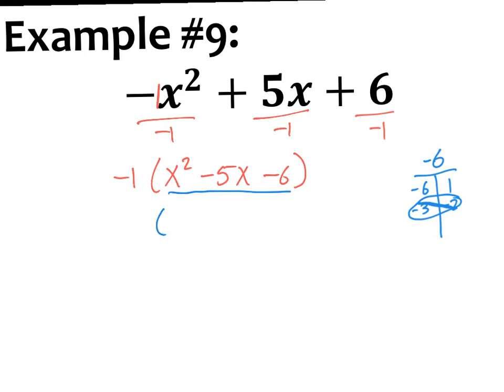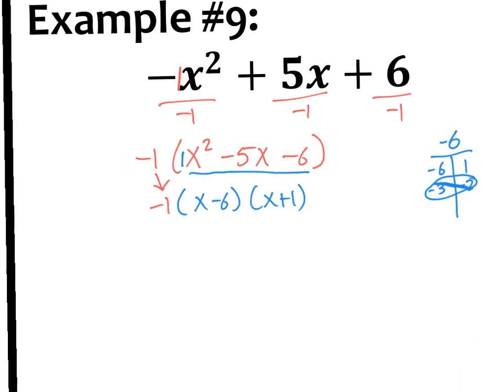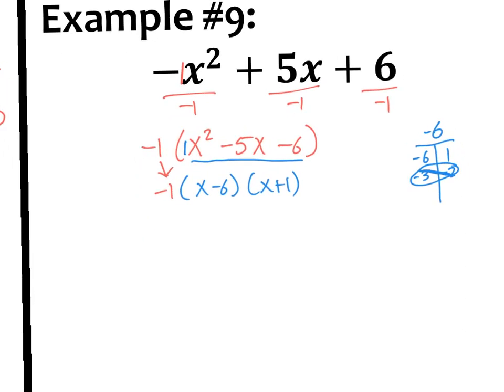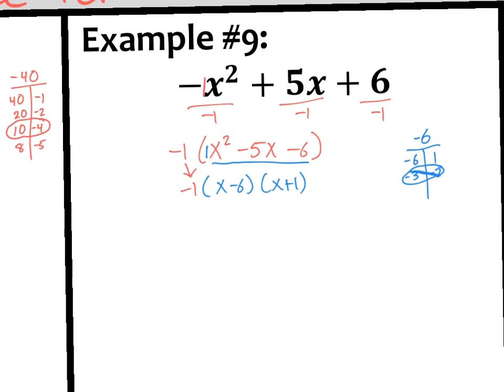Because A here is 1, I can go ahead and write x minus 6, x plus 1, without splitting the middle. And that common factor needs to come down, though, that negative 1, okay? And that's my factored form of negative x squared plus 5x plus 6.